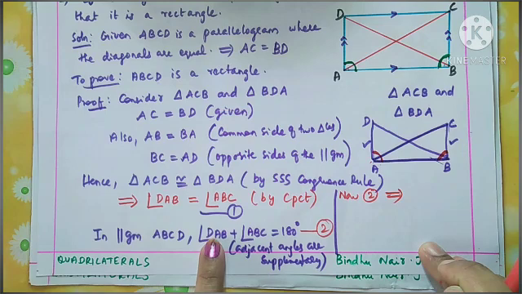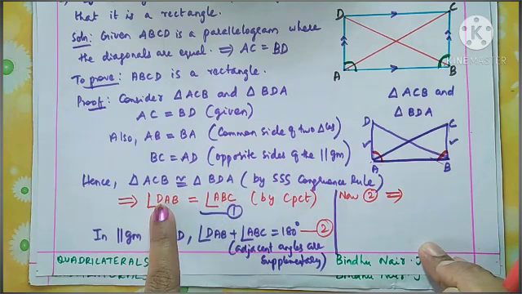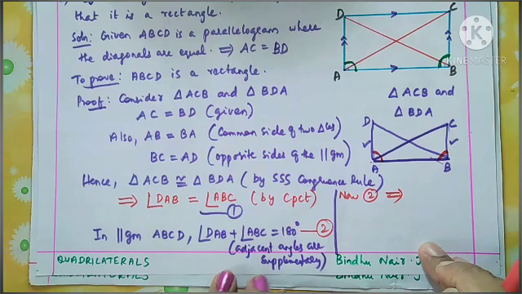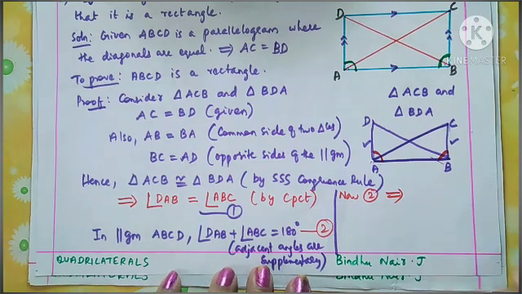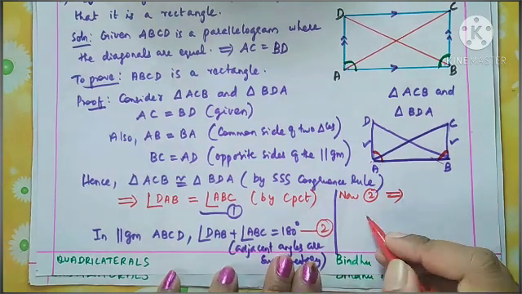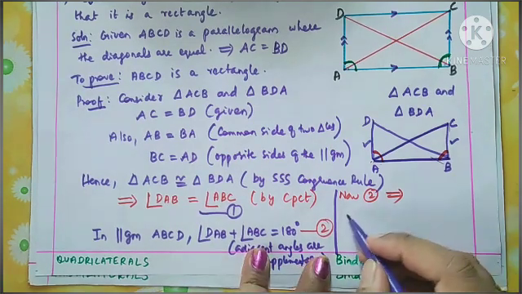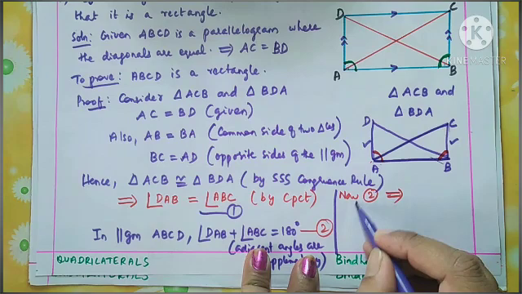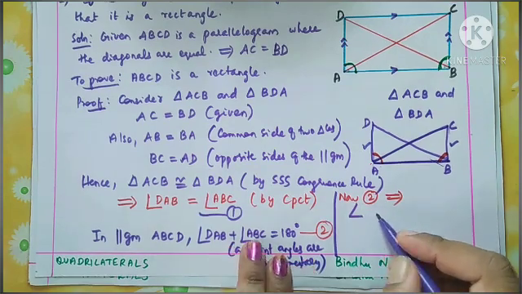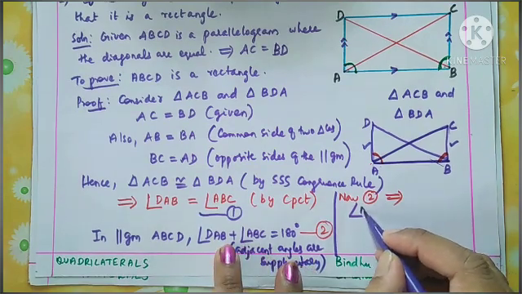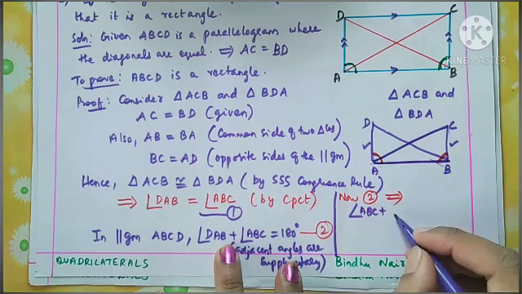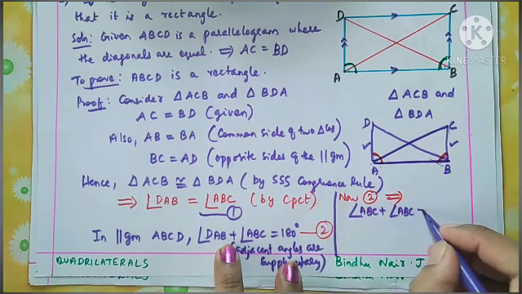Okay. Now equation 2 implies, yes, in this statement you know DAB plus ABC equal to 180 degree, and from 1 you know DAB and ABC are equal. So what you can say from here? Yes, therefore 2 implies I am going to substitute angle DAB plus ABC, for DAB I am writing ABC, so ABC plus ABC equal to 180 degree.